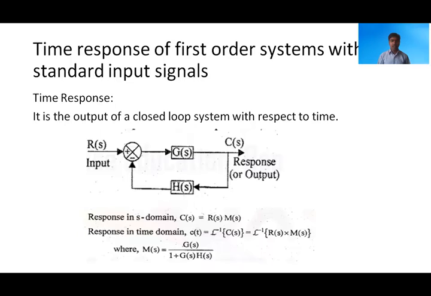In this example, a closed loop control system is shown. The response of the system is C of t in time domain and the input is R of t in time domain. The system has some transfer function, so the response can be found using the transfer function and the input.